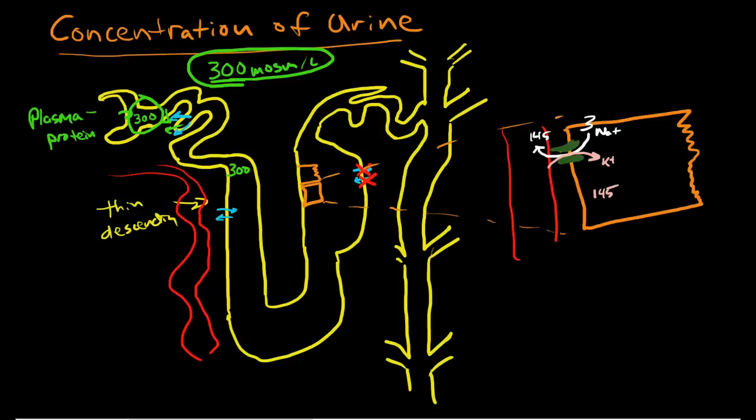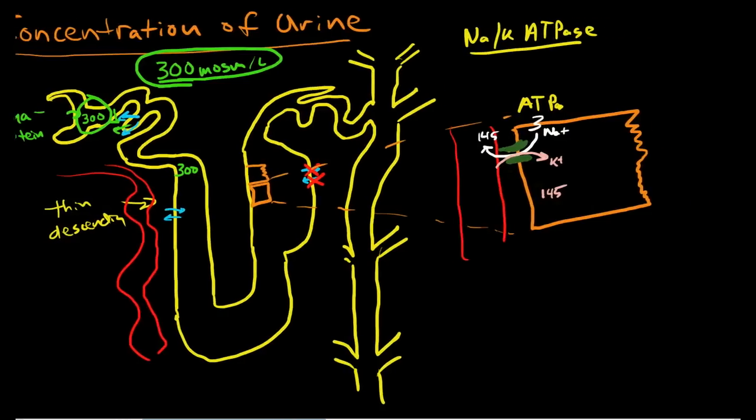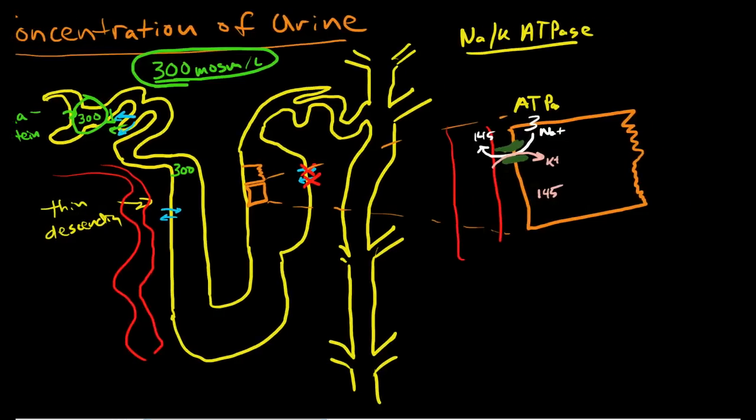So just so you remember, this requires the use of ATP. Hence, it's called the sodium-potassium ATPase pump. And I know this is just a review, so we won't go into any more detail than that. So anyways, that's what's happening on the basilar surface of the cell. So we are pumping lots of sodium out and we're pumping potassium in.